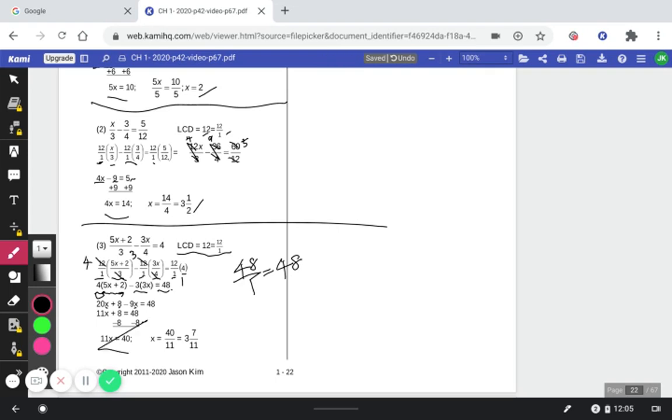Divide both sides by 11. So you end up with x equals 40 divided by 11. Okay. So 40 over 11, turning this improper fraction into a mixed number, is 3 and 7/11.